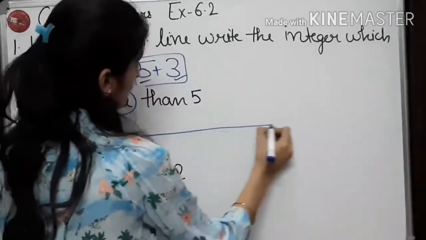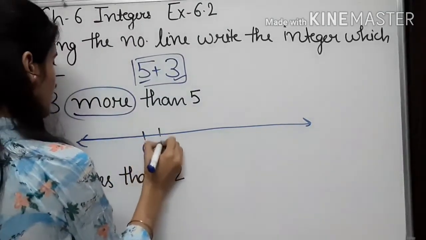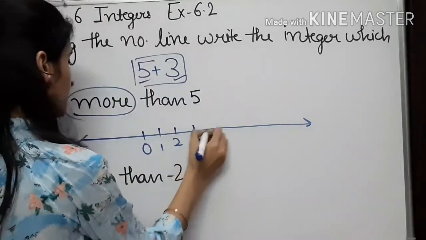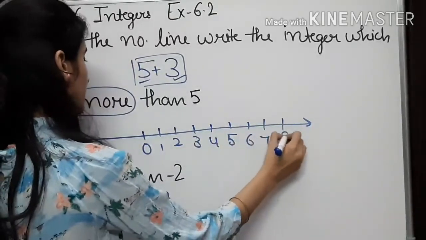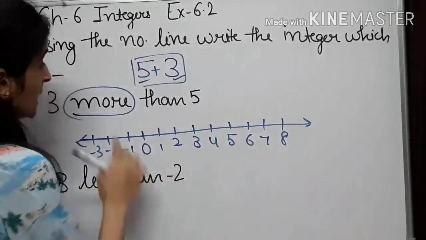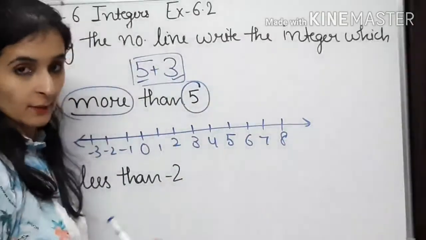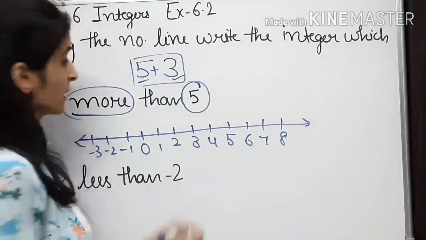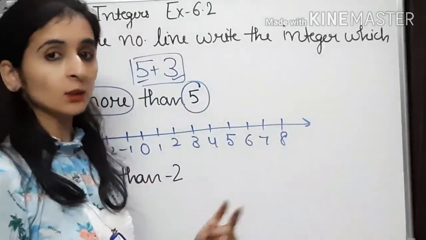Okay, so this is a number line: 0, 1, 2, 3, 4, 5, 6, 7, 8, minus 1, minus 2, minus 3. 3 more than 5 means we have to start from 5. And how many steps do we have to take? We have to take 3 steps because we have to add 3 to 5.